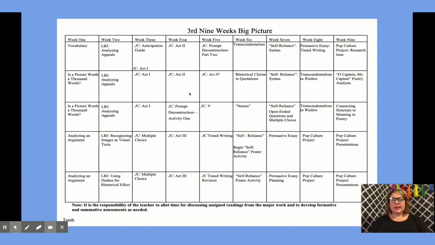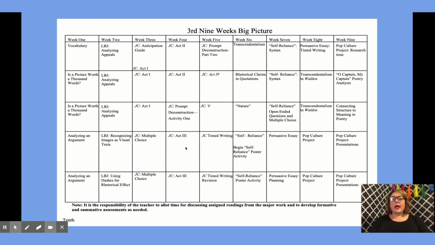So, unlike the Scarlet Letter in the second 9 weeks, you will notice that within the third 9 weeks, you have days such as Julius Caesar Act 1, Julius Caesar Act 2, Julius Caesar Act 3, where you are looking at some whole class reading. There is this time devoted to the whole class reading because it can be daunting for students to read Shakespearean texts, and we want to make this accessible to them. And we want to make sure that they are reading this proficiently and effectively.